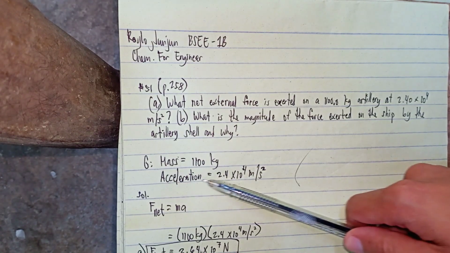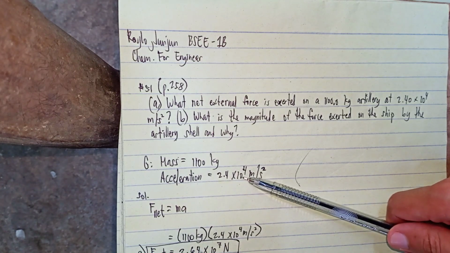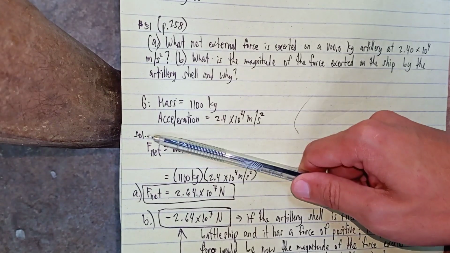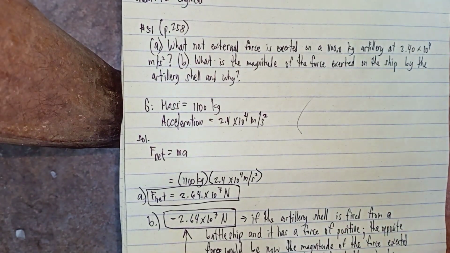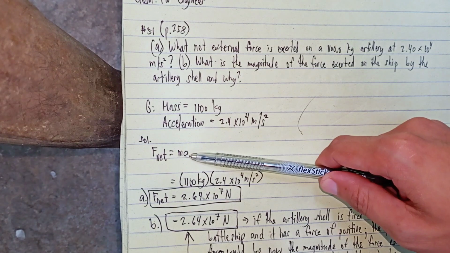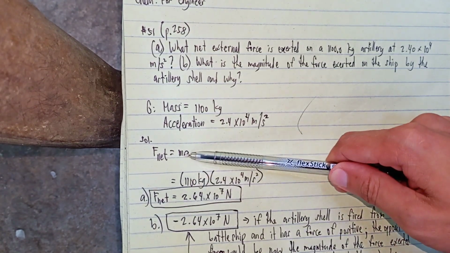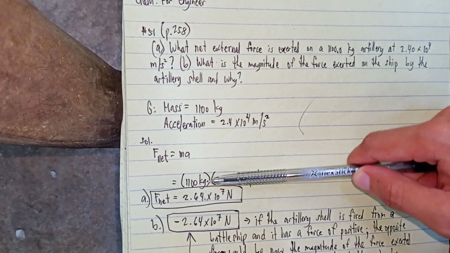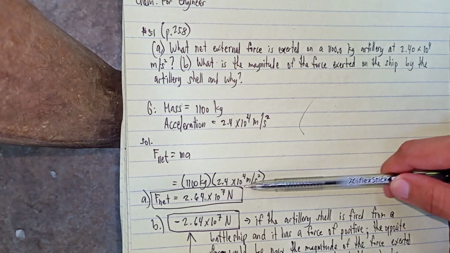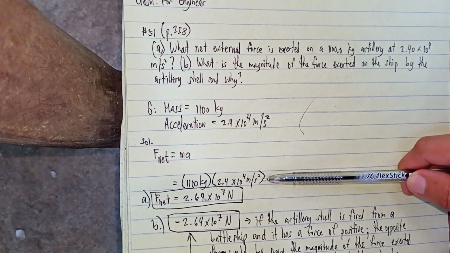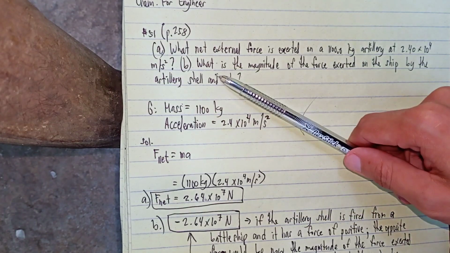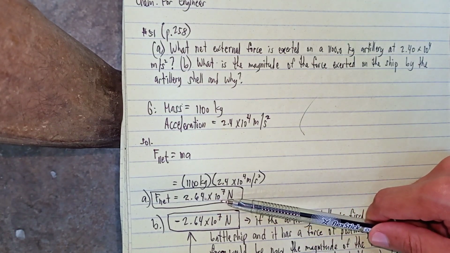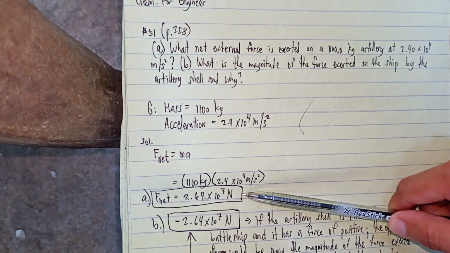Then acceleration equals 2.4 times 10 to the power of 4 meter per second squared. Then for solution, using Newton's second law of motion formula, F net equals ma. Then substitute m, 1,100 kilograms, acceleration 2.4 times 10 to the power of 4 meter per second squared. So the answer for letter A is F net equals 2.64 times 10 raised to the power of 7 newtons.